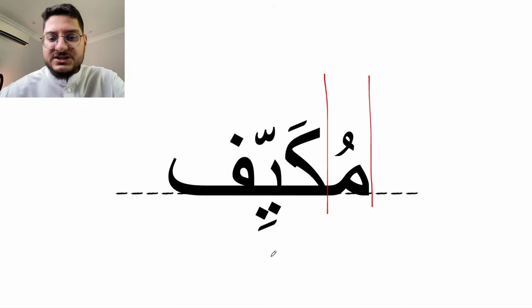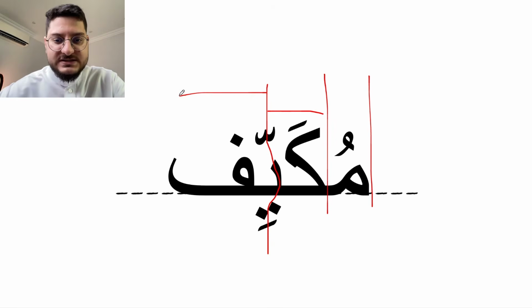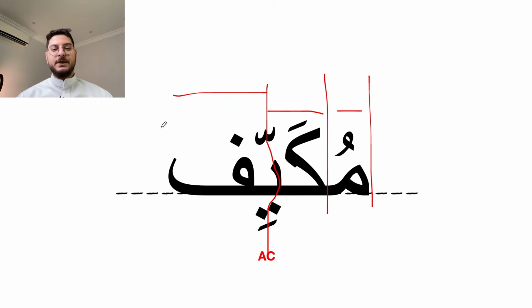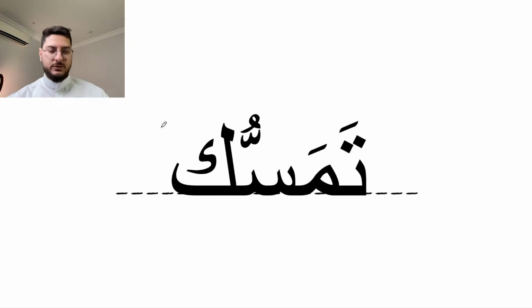But then when we see a shadda, the syllable will be right in the middle of the shadda, which means I need to pronounce this letter twice. I need to pronounce it once with this syllable and once at the beginning of the next syllable. And it will be mu, kay, yif, which is AC, the air conditioning. Again, if this is not making full sense yet, wait until we finish the rest of the examples, and this should start to make more sense with time, okay?